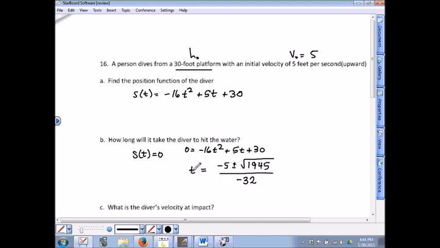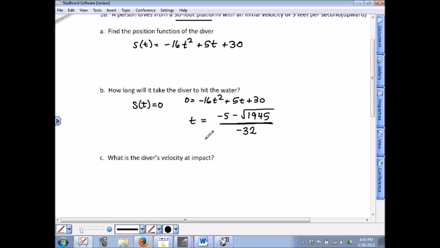This is a value of time, which has to be positive in this situation. And because we're dividing by negative 32, that means our numerator has to be negative. So I'm going to take the negative 5 minus the square root of 1945 over negative 32. This is going to turn out to be a positive value. And this is when the diver hits the water. This is how long it takes.